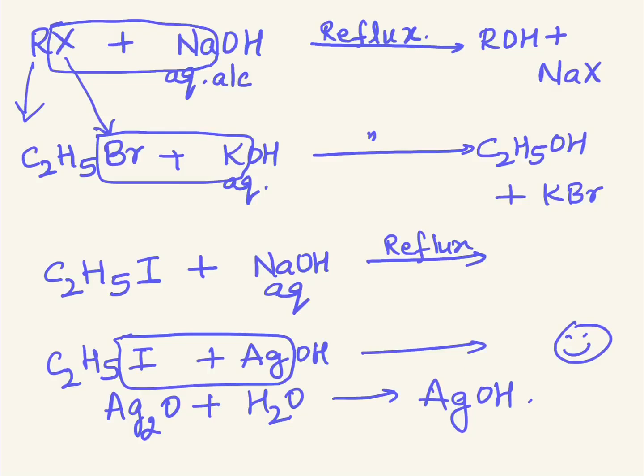Would you like to try the other reactions that we have written in the flow chart? Let's try the second one. We said alkyl halide plus it was sodium alkoxide, right?